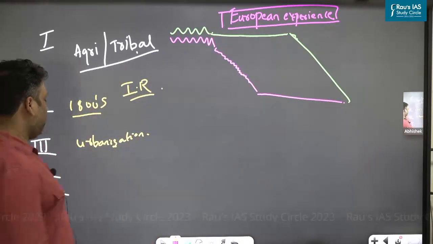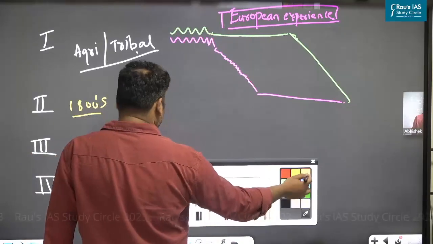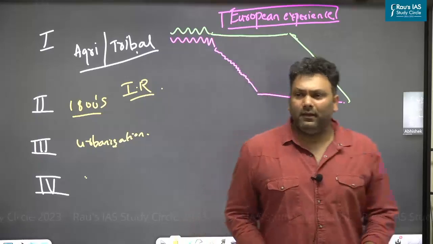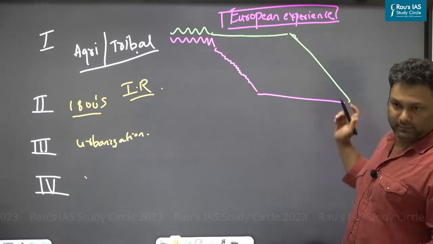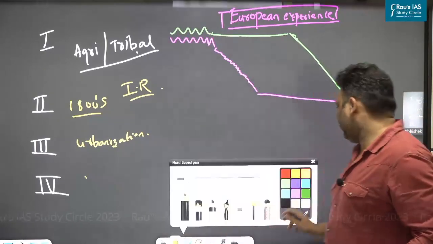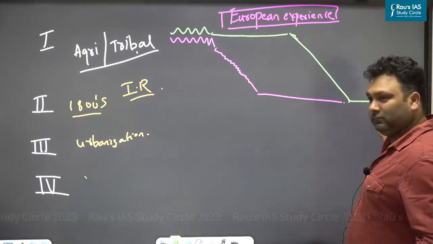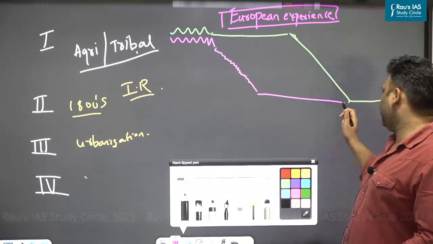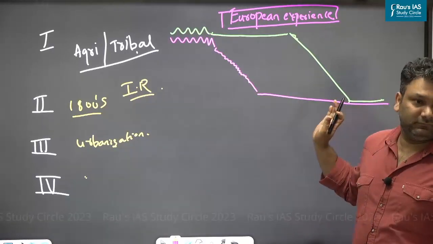Now comes the fourth stage. Fourth stage of demographic transition. The birth rate has already fallen, right? Now the birth rate will also stabilize. It can't fall below; it will be reaching the replacement level. And death rate has already fallen, right?